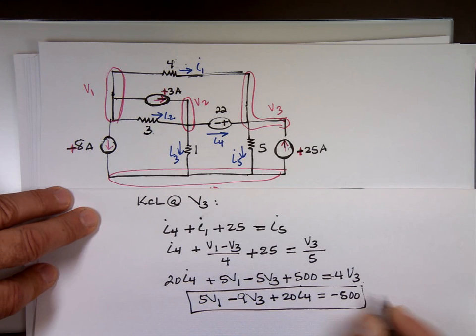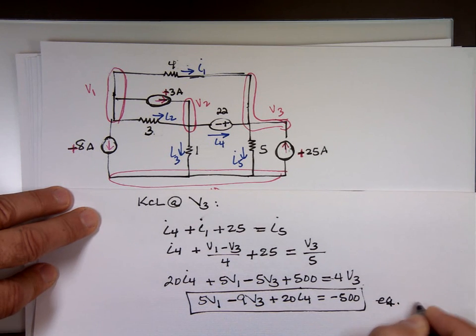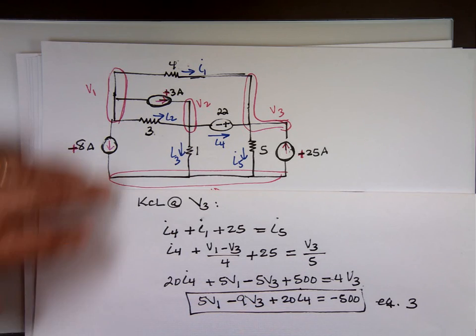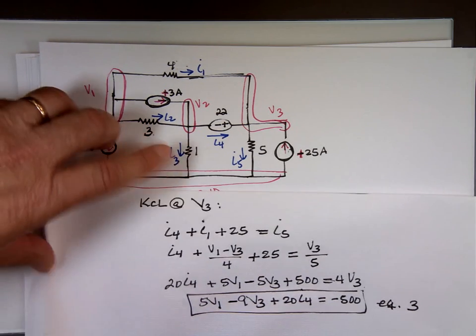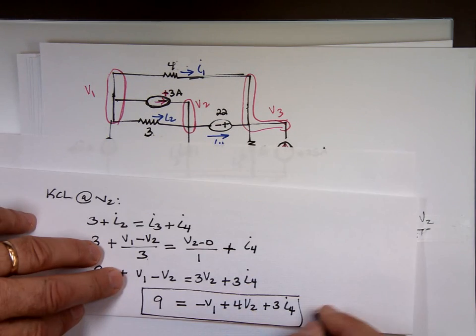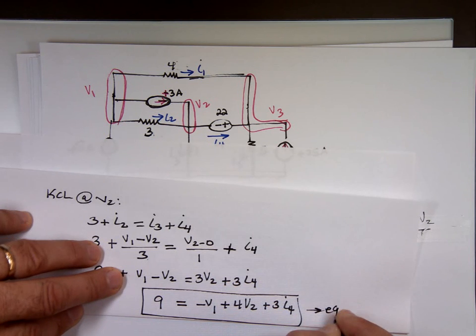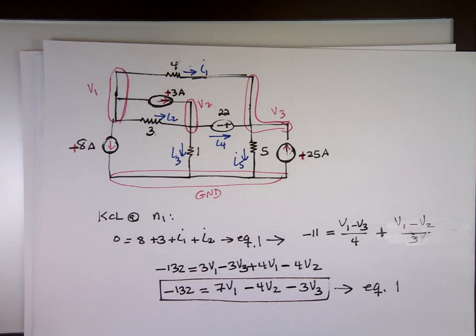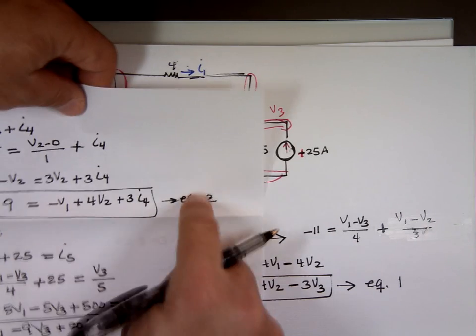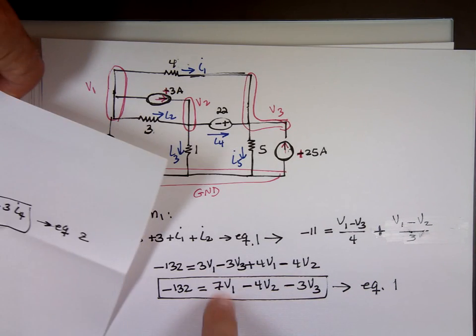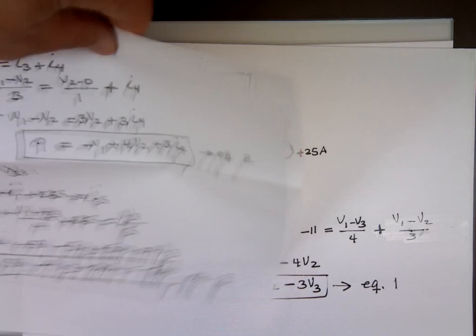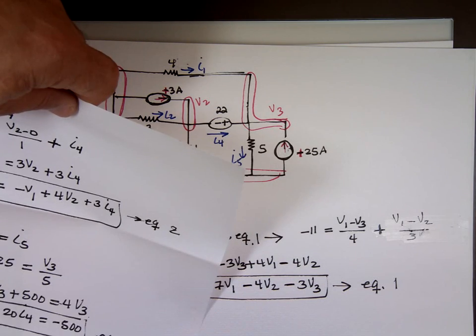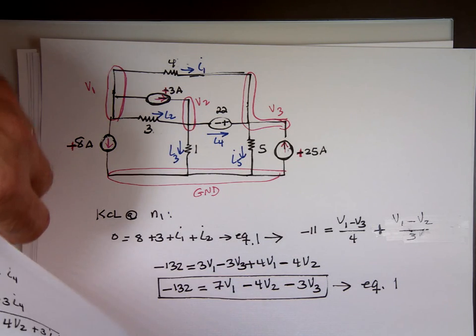That's equation what, 3? This is equation what? 2. How many unknowns do I have? There's equation 1, equation 2, equation 3. But how many unknowns? V1, V2, V3, and I sub 4. 4 unknowns. We can't solve it. We need another equation.